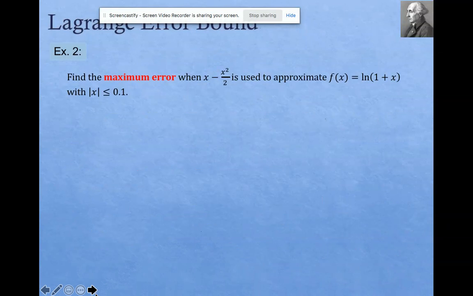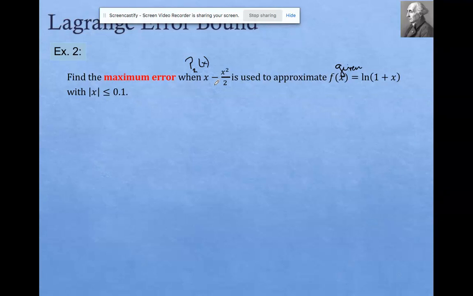Crazy. So let's do another example from scratch. Find the maximum error when x minus x squared over 2 is used to approximate the given function. This is my approximator. What order is it? Can you tell? 2, right?